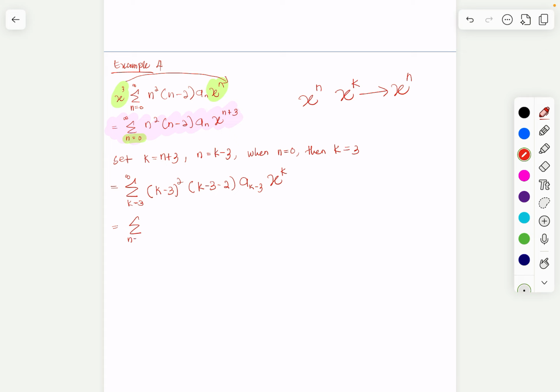So n equals 3 to infinity, n minus 3 squared. Then n minus 3 minus 2 becomes n minus 5. And then a subscript n minus 3, x to the power of n. So you compare this one, we already get the converted version, the one that we want to show.